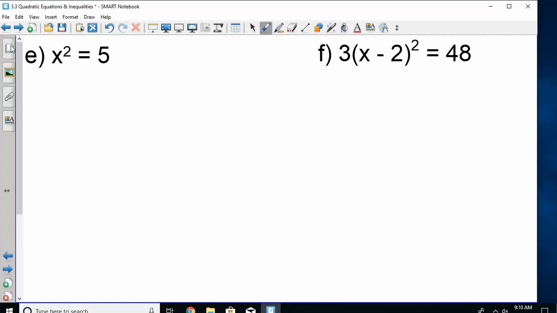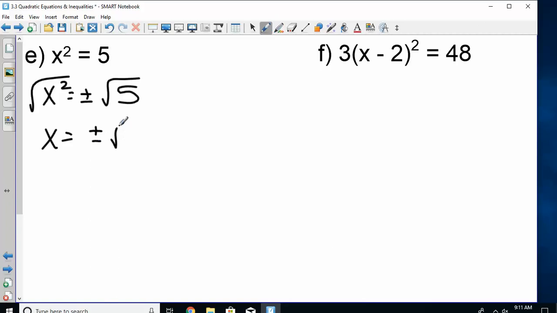Could you just get the x by itself? Yeah. If I just wanted to get this x by itself, I could square root. Now, if you add a square root, what else do you add? Okay, so I have x equals square root of 5 does not reduce, so x equals plus or minus radical of 5.